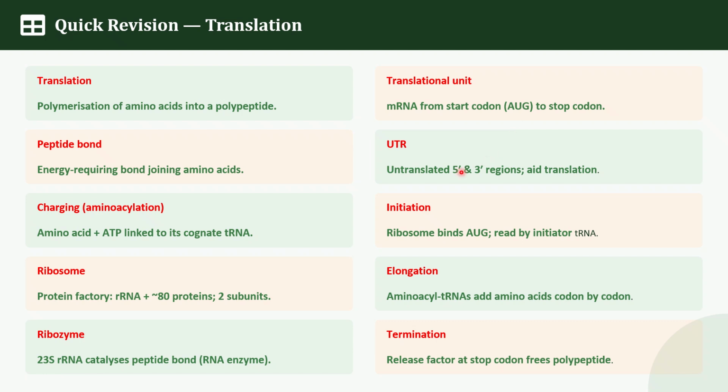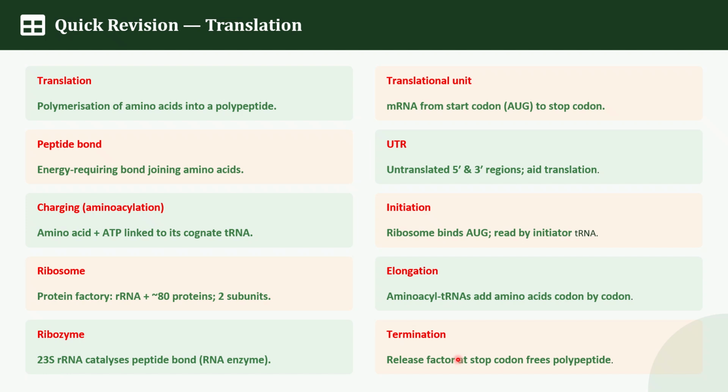The mRNA also contains 5' and 3' UTRs, which are not translated but help in the efficient translation process. And what are the three stages? Initiation, elongation, and termination. In initiation, the ribosome binds mRNA and starts at AUG. In elongation, charged tRNAs bring amino acids and peptide bonds form as the ribosome moves codon by codon.